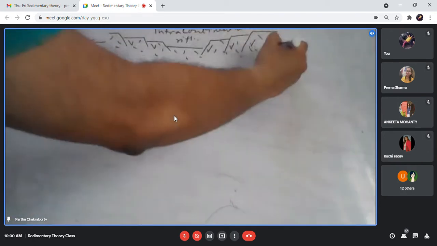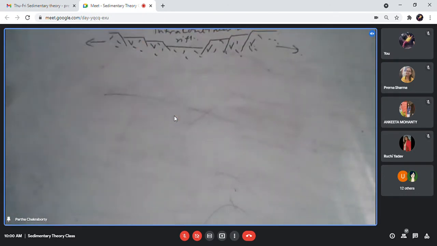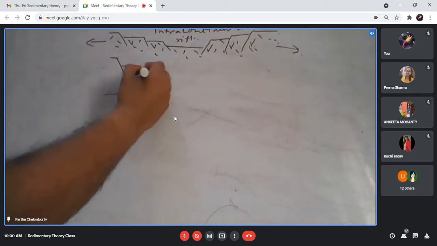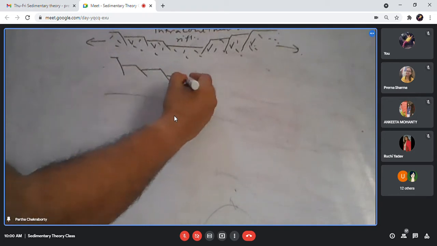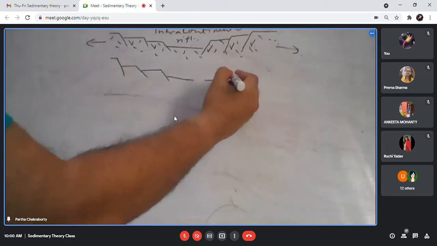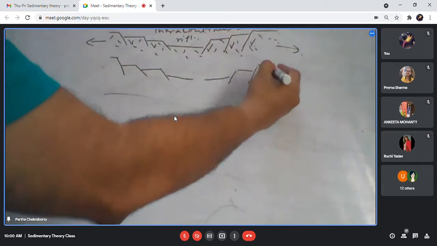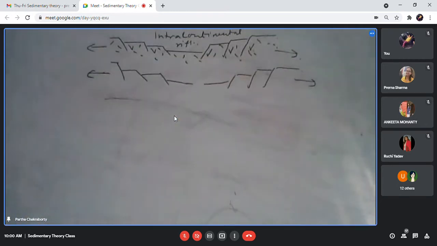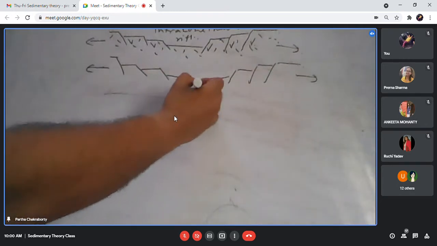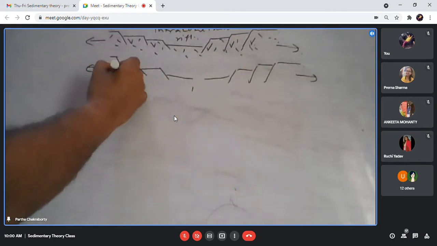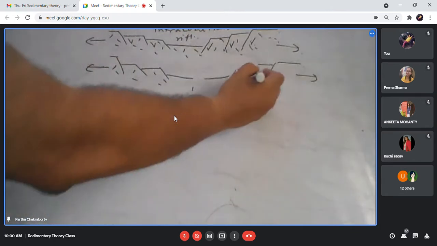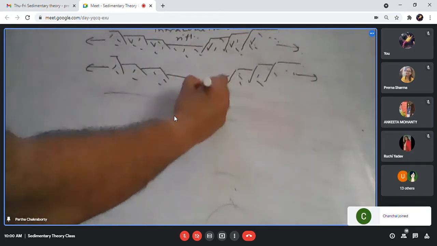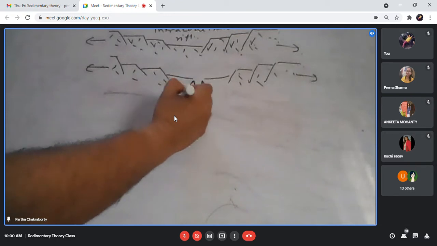Now the stretching continues, and it is continuing further. Suppose this is the continental crust, and because of the stretching you have the input of basaltic magma.